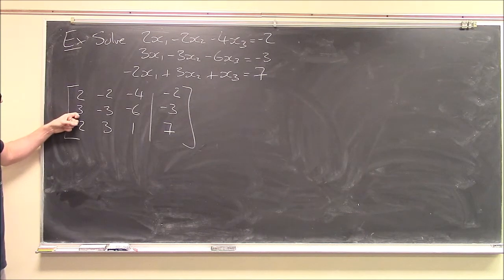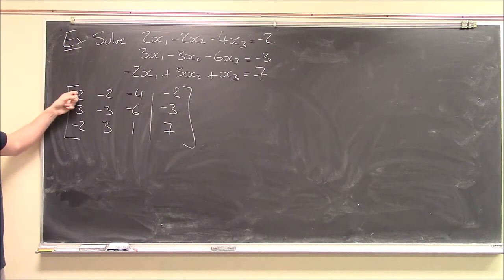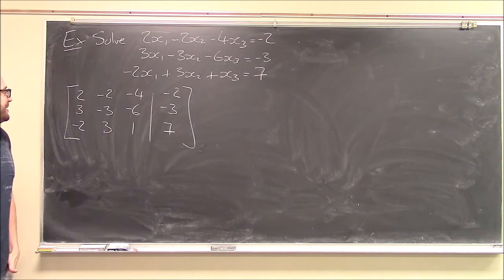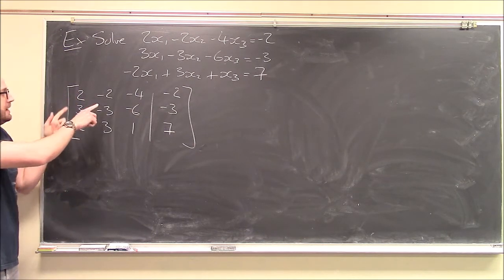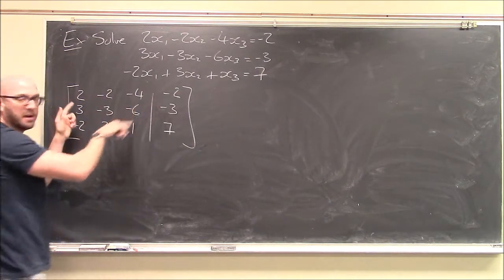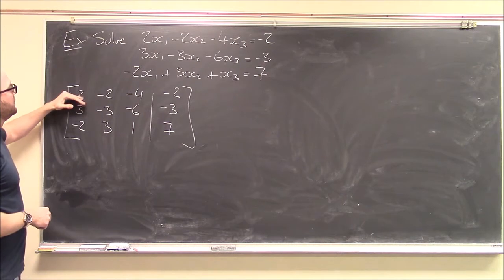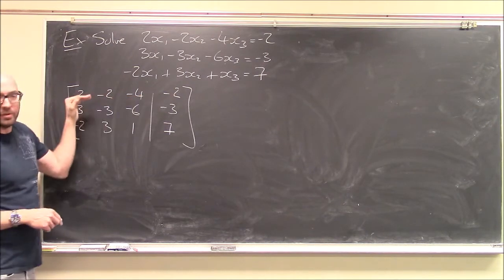But to put a 0 right here, I would have to add a fractional multiple of row 1 to row 2. Let's avoid having to think about fractional multiples. It's really easy to put a 1 right here just by rescaling it. If I was introducing fractions along this entire row, I might not do it, but if I just divide by 2, everything in this row is a multiple of 2.